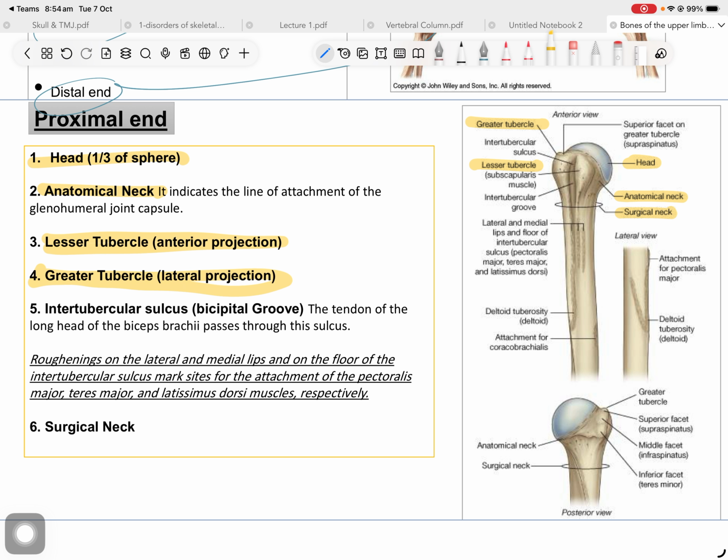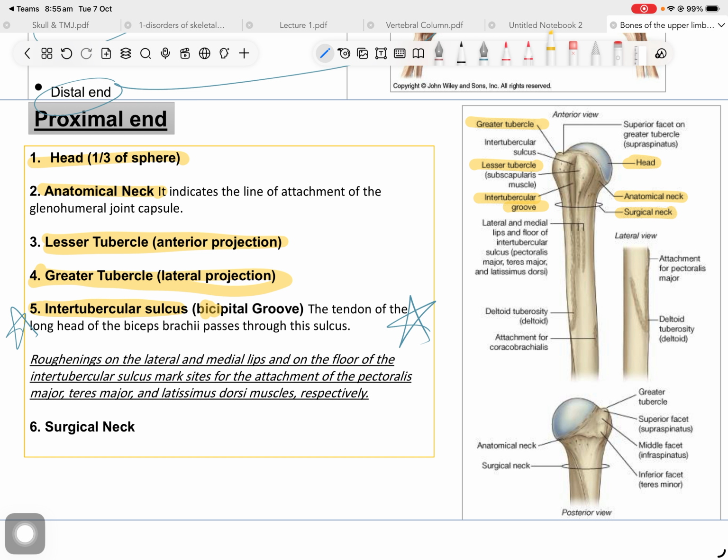Now, a very important area here is between these two tubercles. I have a groove. We call this groove the intertubercular groove. It means a groove between two tubercles, okay? Intertubercular groove. Or I can call this groove the bicipital groove.